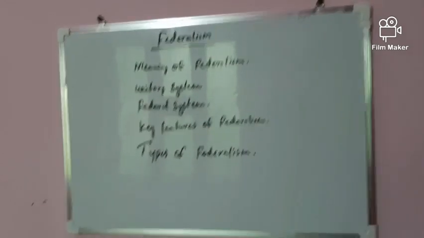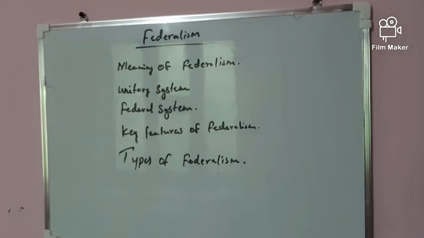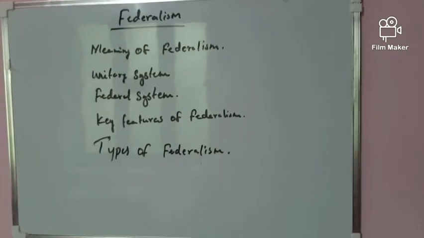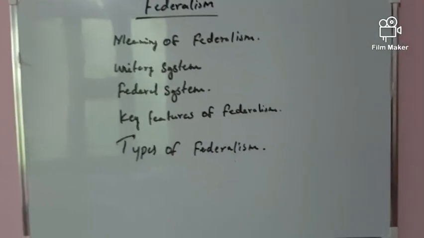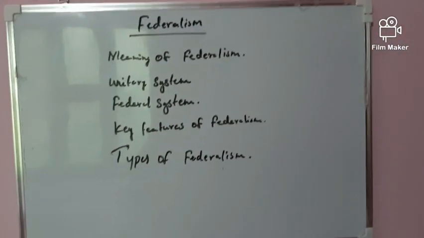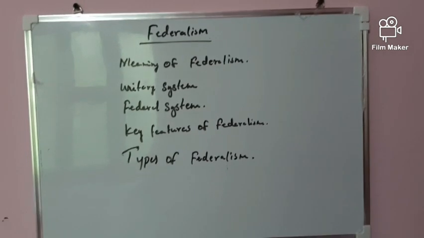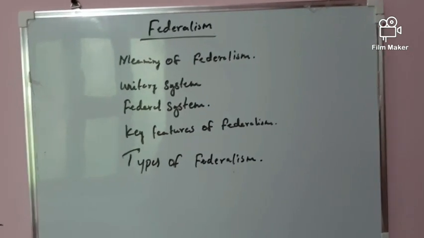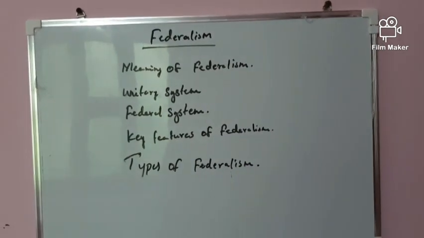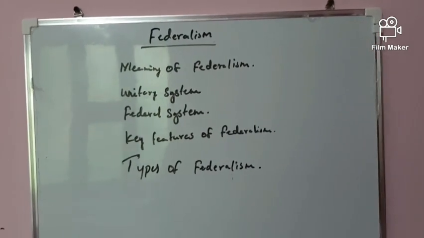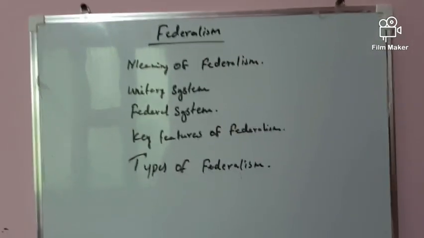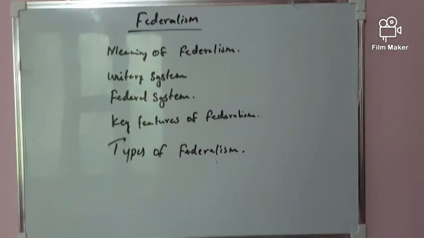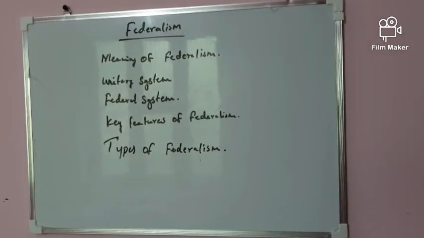The last feature was that the federal system has a dual objective: to safeguard and promote the unity of the country and to accommodate regional diversity. The last thing we studied was the types of federalism. I'll say it in a short way: the first is coming together federalism and the other is holding together. The first route involves independent states coming together on their own to form a bigger unit.